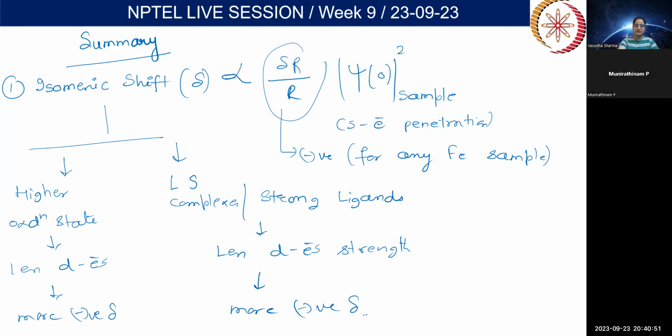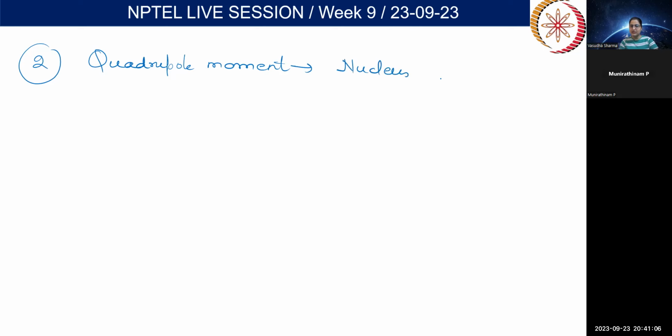Clear, ma'am. Second, we talked about the quadrupole splitting, or quadrupole moment, which only appears when the nucleus has I greater than half, that is, when it is non-spherical in nature.